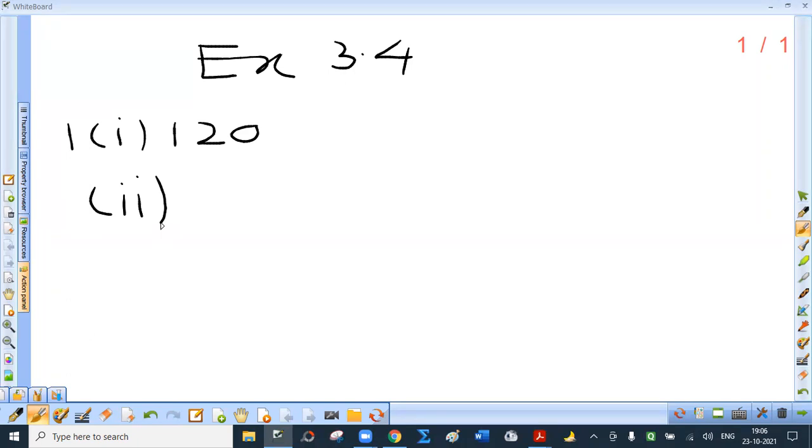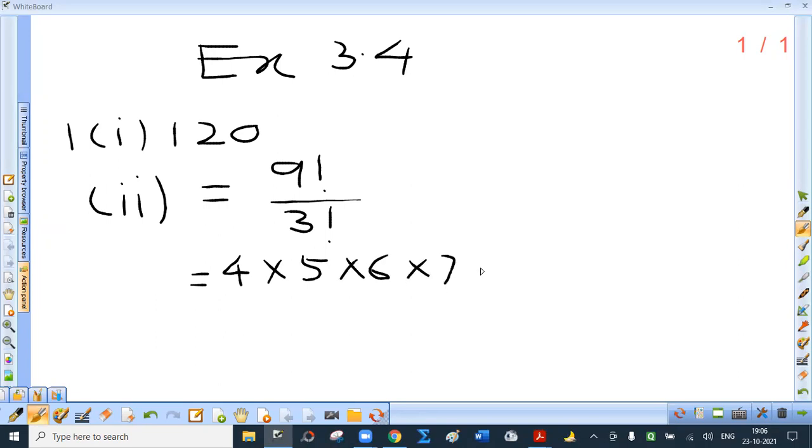Therefore, number of distinct permutations equal to 9 factorial upon 3 factorial. So once 3 factorial gets cancelled, 4 into 5 into 6 into 7 into 8 into 9. Find the answer.